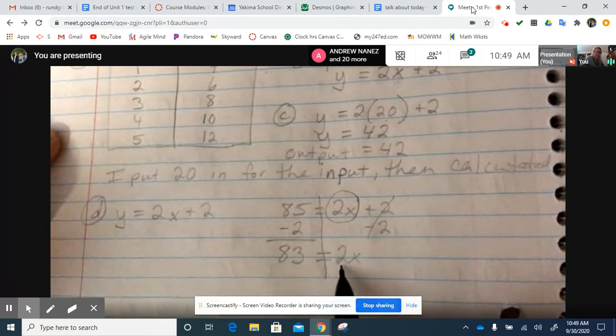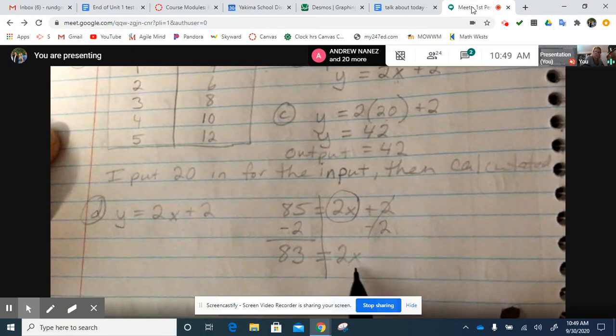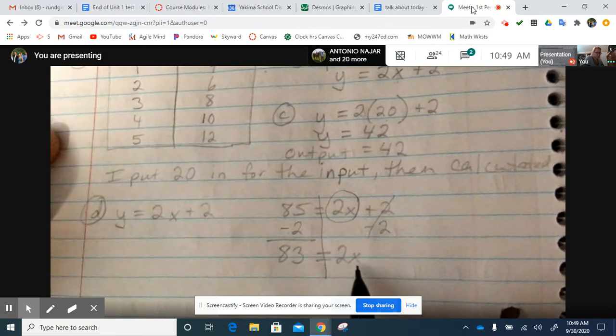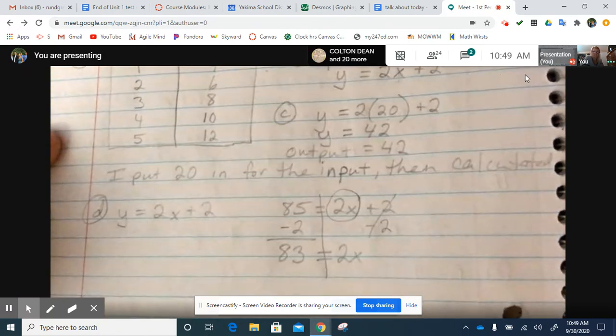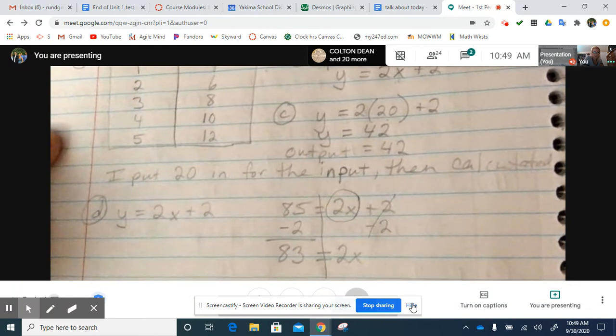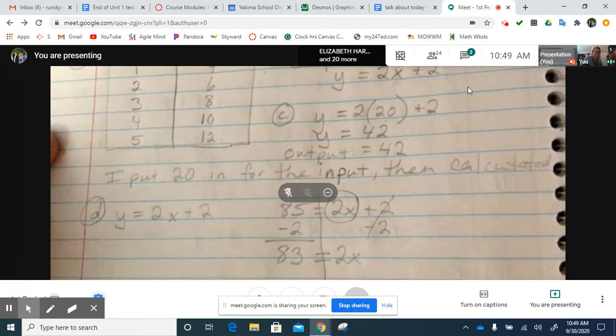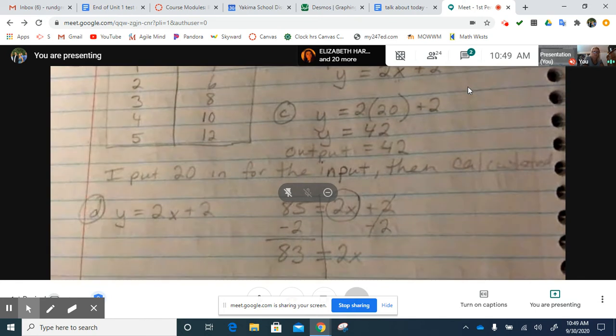And what does it mean when 2 and x are sitting right next to each other? Right, them sitting right next to each other means multiply. So to get rid of it, we're going to have to divide.